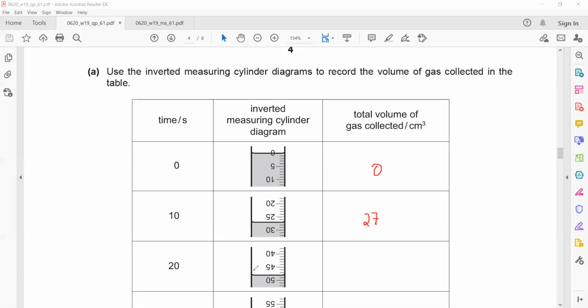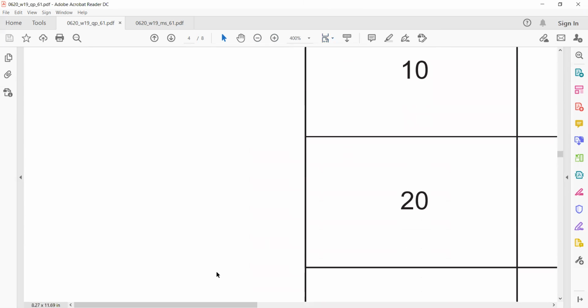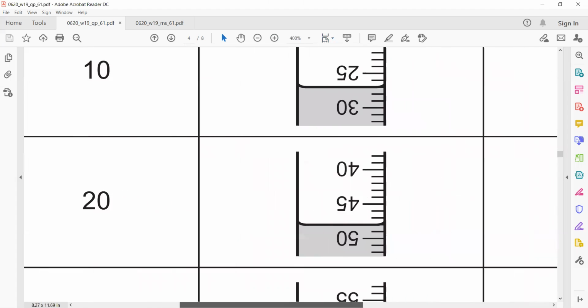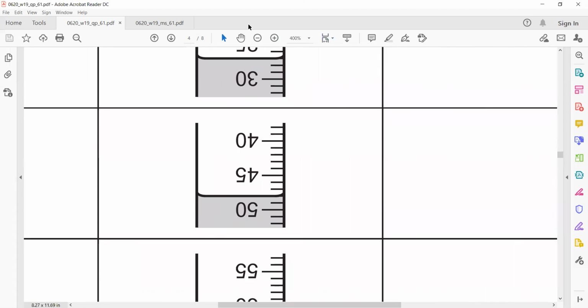Then when time is 20, what's the volume? 48. I will zoom in so it will be easy to read this. So you can see 45, 46, 47 and 48.